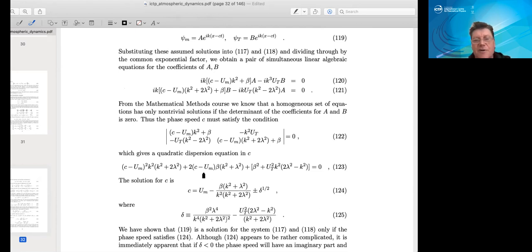Easy to solve because this is just a quadratic equation. We know how to solve a quadratic equation analytically. You may call it PQ formula or whatever. It's very easy to do. So the solution is this one here.